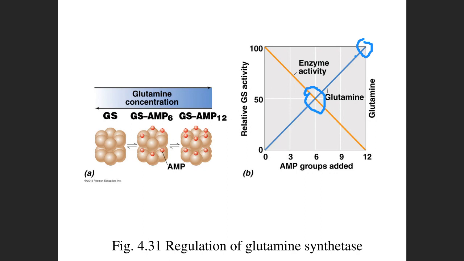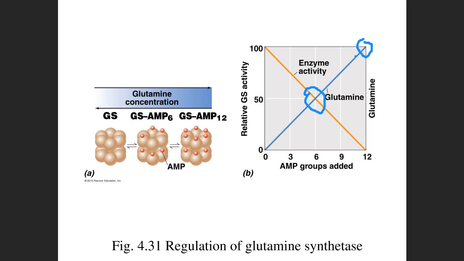Well, that's by adding AMP groups. Here you have 0 AMP groups. That's ATP, and then the kinase puts the AMP onto the protein, right? This is at the enzymatic level.